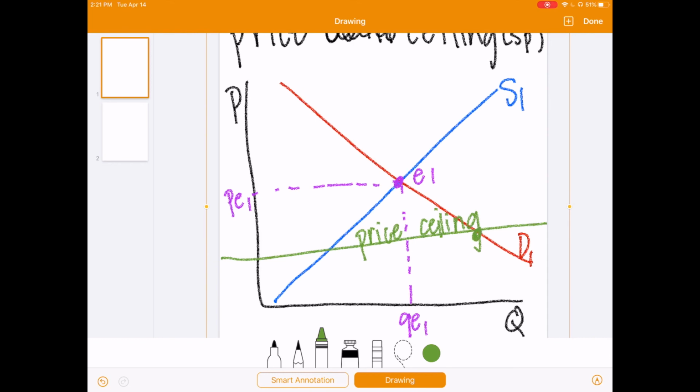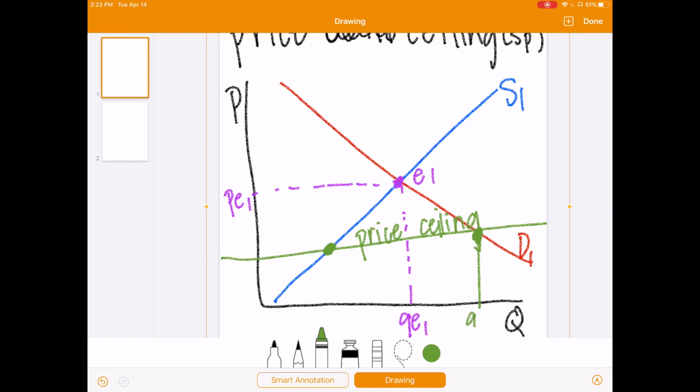Because if I label where my price ceiling meets my supply line, which is this green dot, or where my demand line meets the price ceiling, which is right there, I'll see if I draw down to the quantity axis, because my price ceiling is the same no matter what supply or demand.